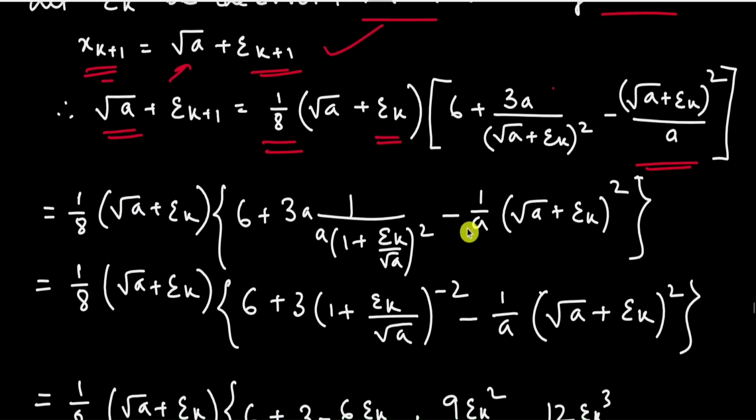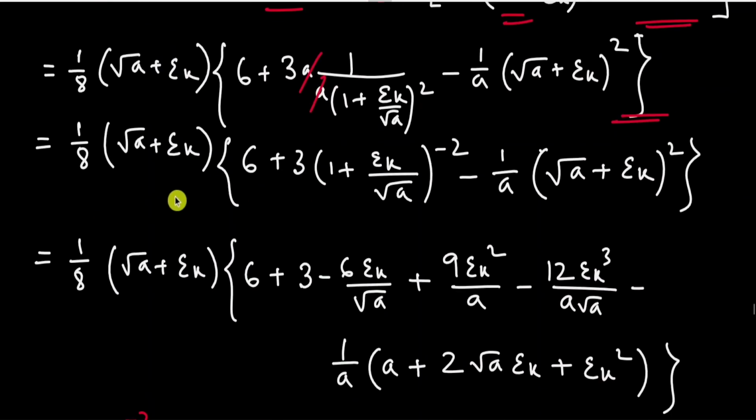You can take any prefix or suffix, there is no problem. So 1 by 8 into this, and this is simple calculation. Here we take root a common, and this a cancels. This gives 1 by 8 into (root a plus epsilon k) into (6 plus 3 by a minus 1 by a into (root a plus epsilon k) whole square), with the power minus 1 in the bracket term.